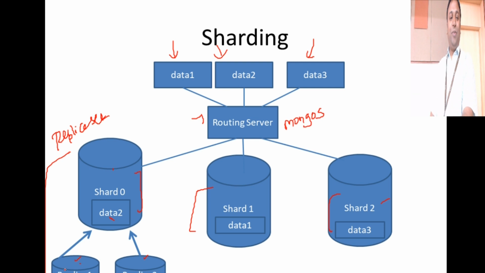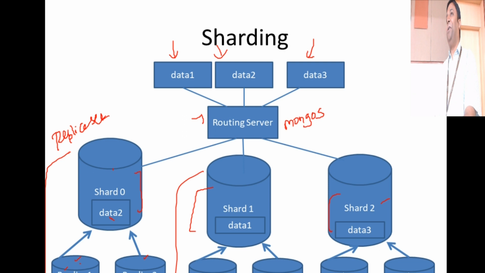If this fails, this becomes the primary, still answers and performs the workload. Likewise, for shard 1, we can have replica sets. So this becomes a replica set, and this becomes a replica set. So we give fail-safe options for all these workloads that we have distributed. Like that, we can have many shards and we can have almost 50 replica sets.